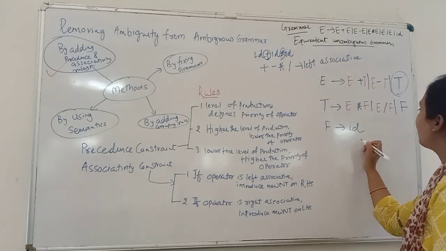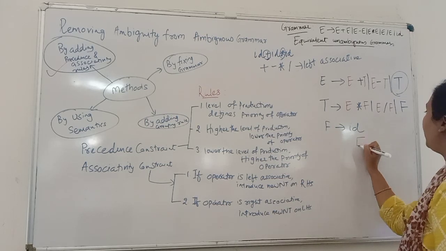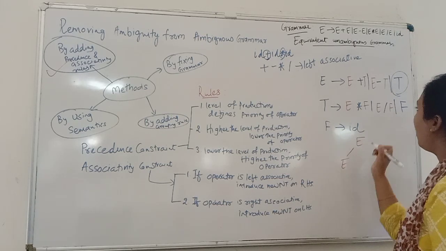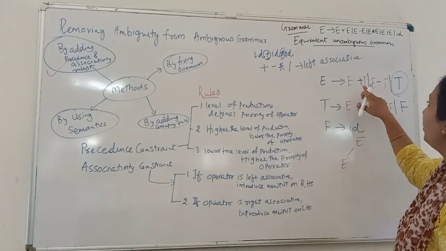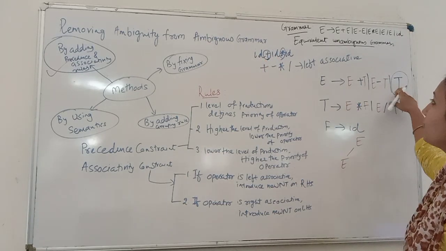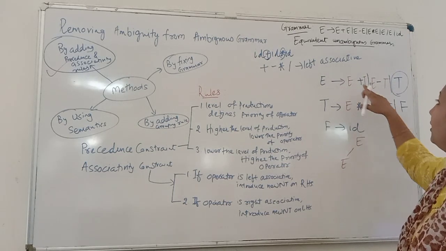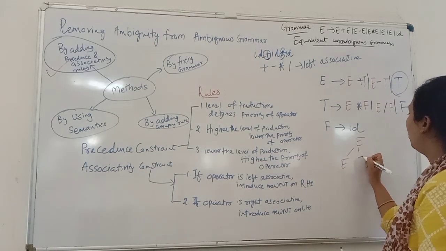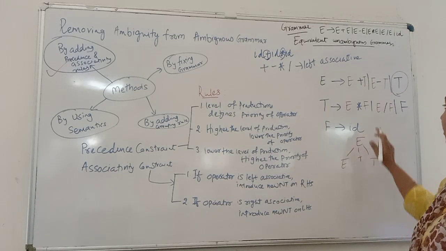So first we have E. Now over here, E has two options only, plus, minus and T. First I cannot go with T, because with T I cannot get anything. So we have to start with E to E plus T. Then we have star.